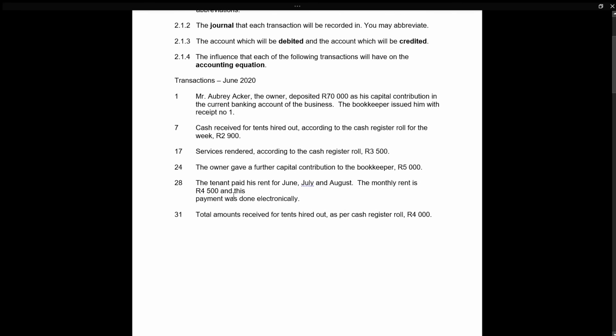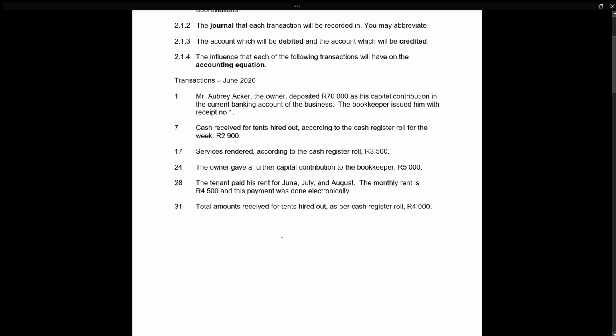Right, so the tenant paid this rent, or his rent, for June, July and August. So for 3 months, the monthly rent is 4,500 Rand, and this payment was done electronically. So we need to multiply that by 3 to get the total amount. Now if you multiply 4,500 Rand by 3, let me show you in brackets.